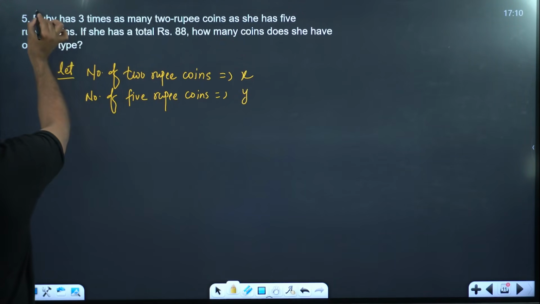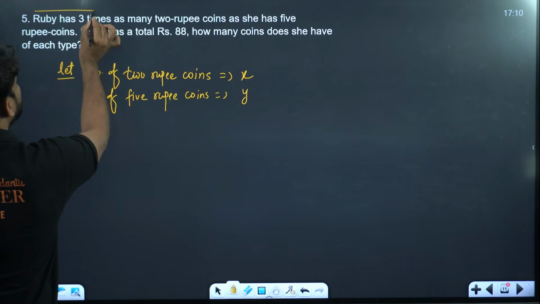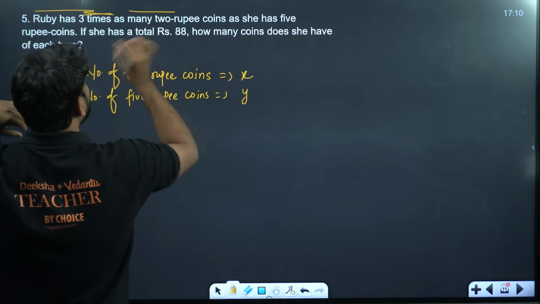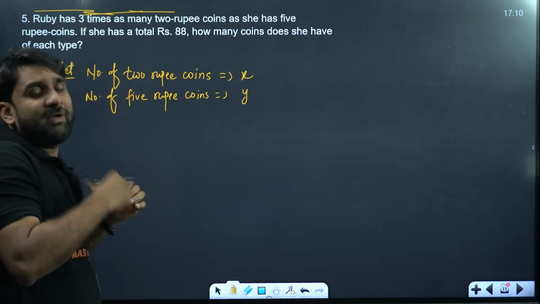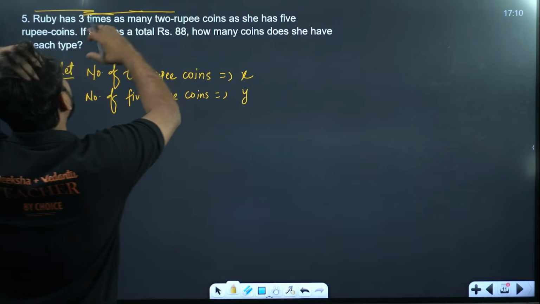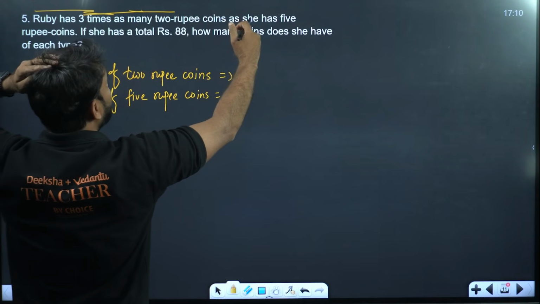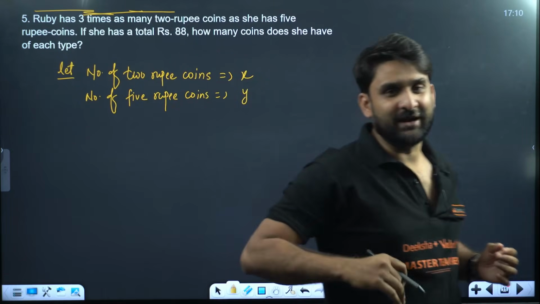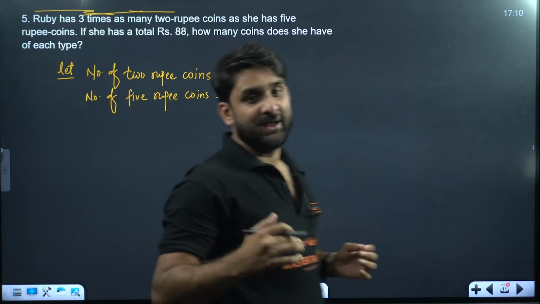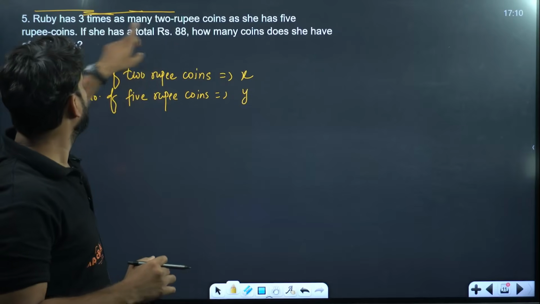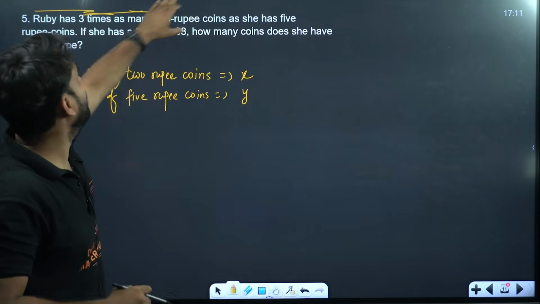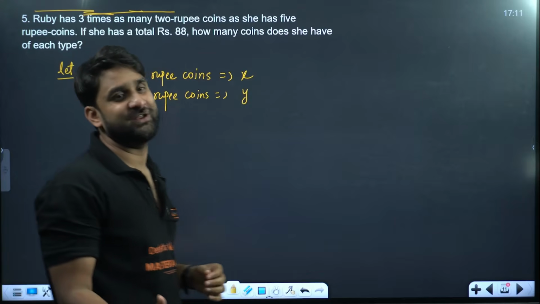Now read the question. Ruby has 3 times as many. 3 times means we have to multiply by 3. 3 times as many 2 rupees coins as she has 5 rupee coins. Right? So the number of 5 rupee coins is equal to 3 times the number of 2 rupees coins. This is the situation here.